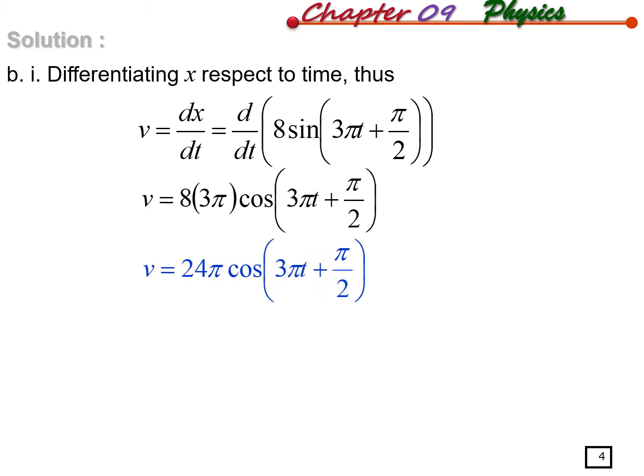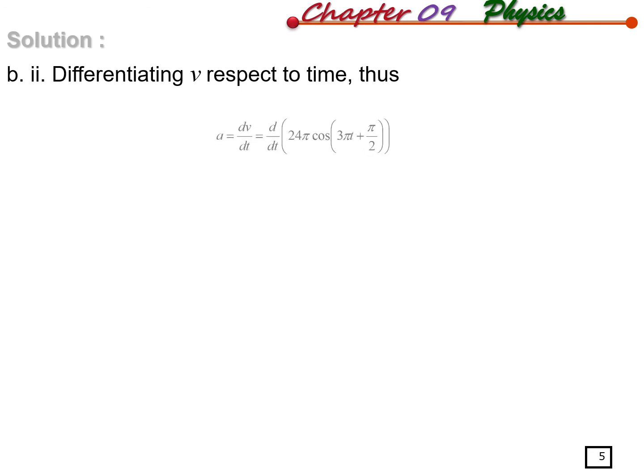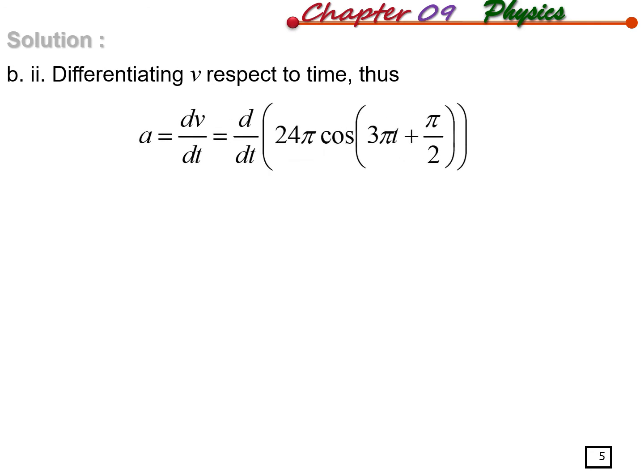So further simplifying, we will end up with the equation where v is equivalent to 24 pi cos of 3 pi t plus the phase constant. And then to obtain acceleration, we differentiate velocity with time. Differentiating again, we have the initial A, multiplied again with omega.